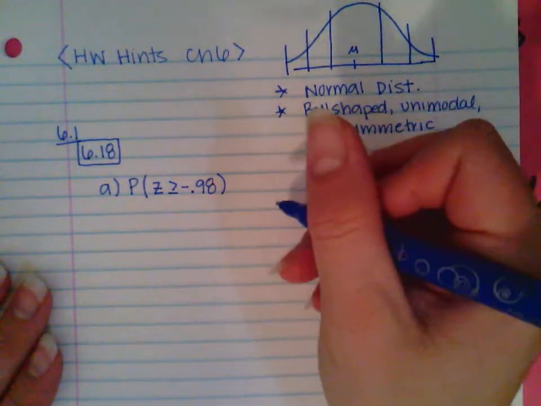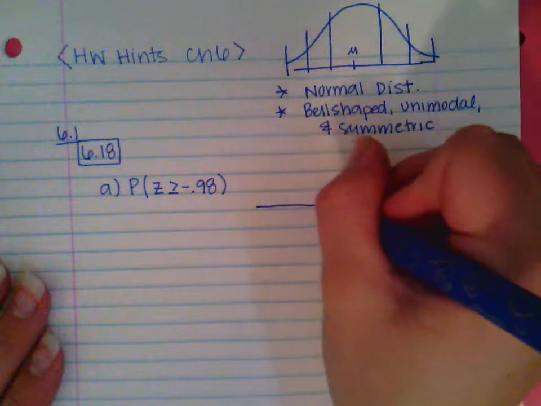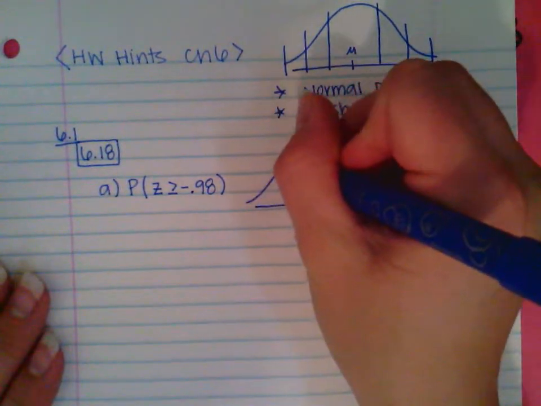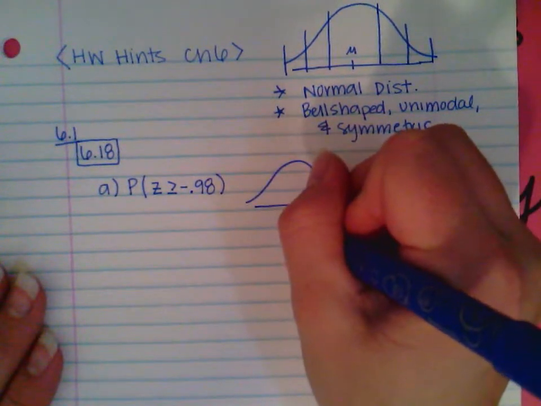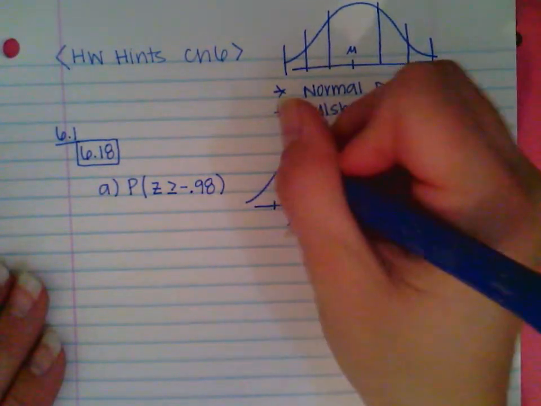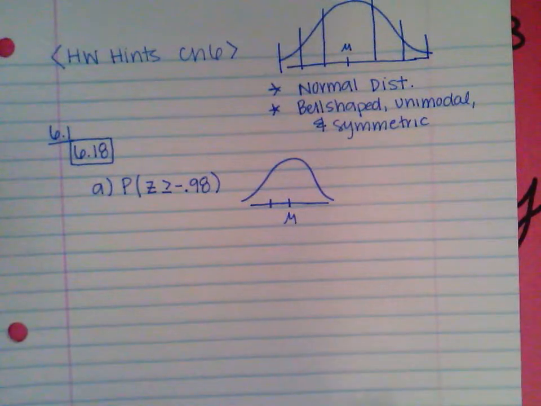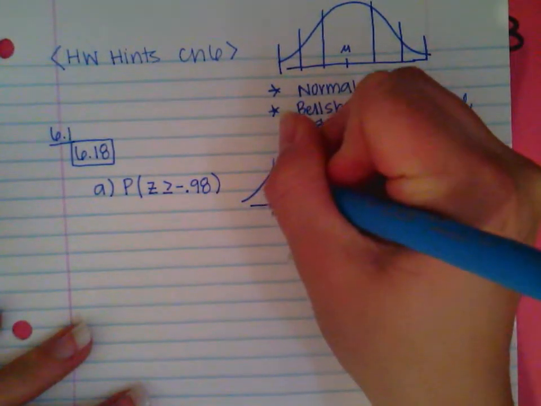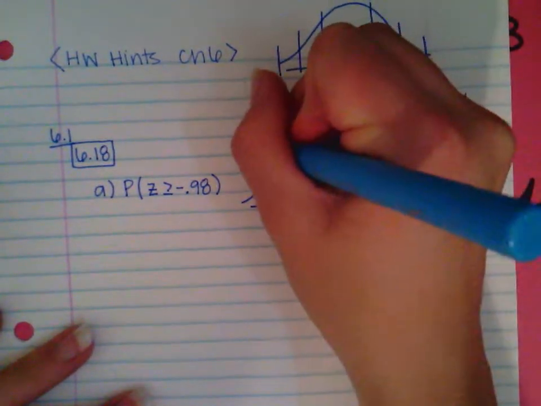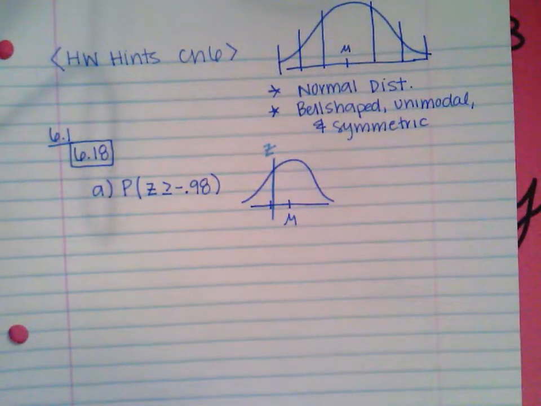It doesn't matter what the mean or standard deviation is, a z-score of -0.98 is not quite 1 standard deviation below the mean. So that's this z-score right here.